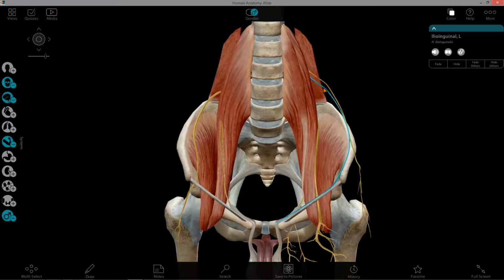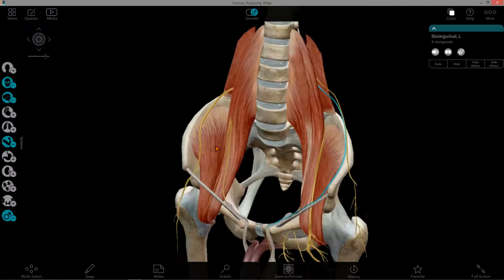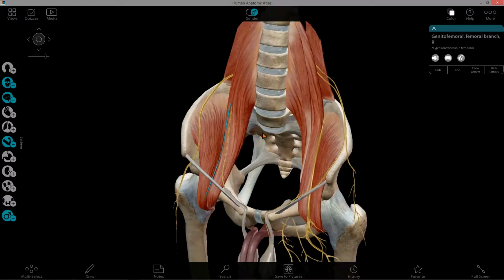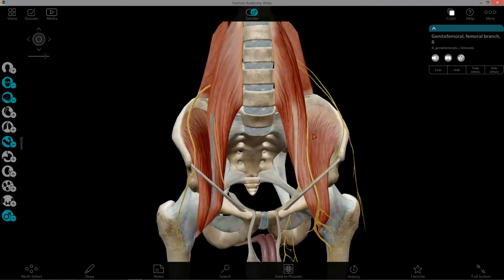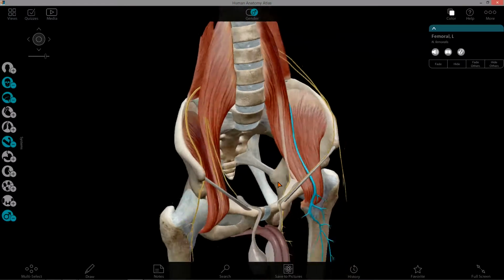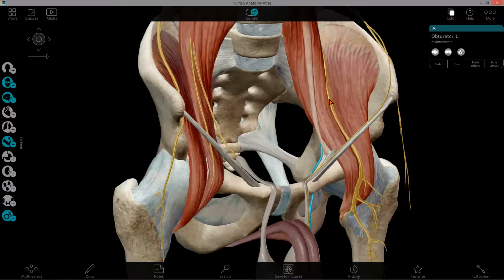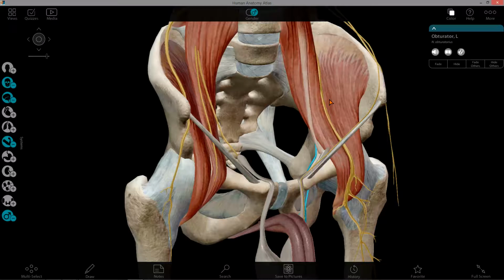There are 2 nerves from 2 roots, the lateral femoral cutaneous and the genitofemoral nerve. The genitofemoral nerve is from L1 and L2, and the lateral femoral cutaneous is from L2 and L3. So those are the 2 nerves, and both have 2 roots. And then finally, there are 2 nerves that have 3 roots: the femoral nerve and the obturator nerve, both of which are from L2, L3, and L4 spinal roots.